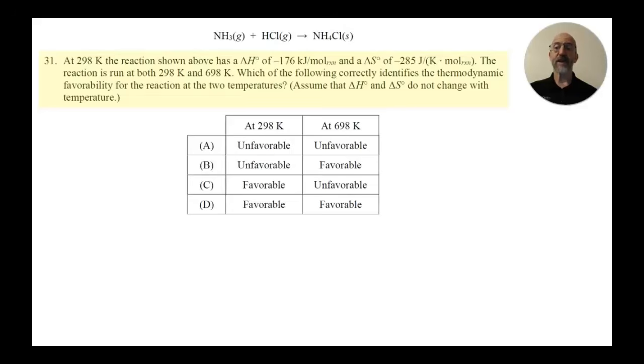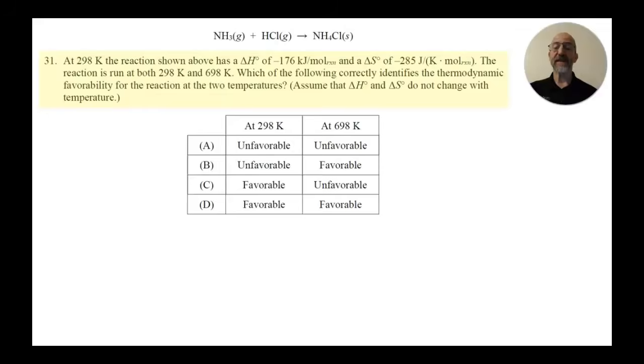The reaction is run at both 298 Kelvin and 698 Kelvin. Which of the following correctly identifies the thermodynamic favorability for the reaction at the two temperatures? Assume that delta H and delta S do not change with temperature.